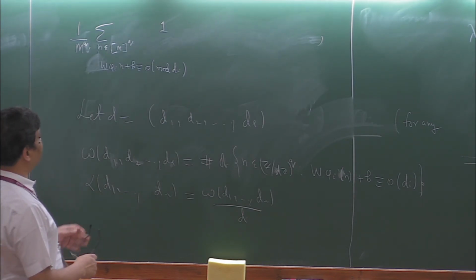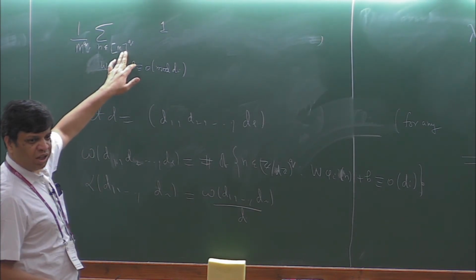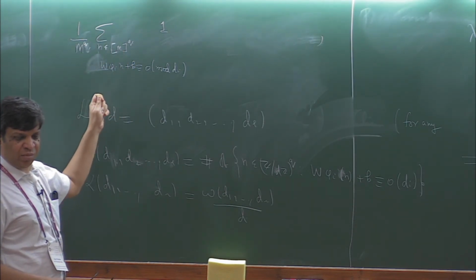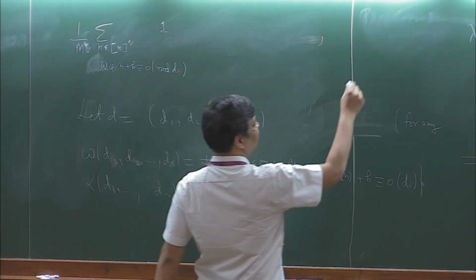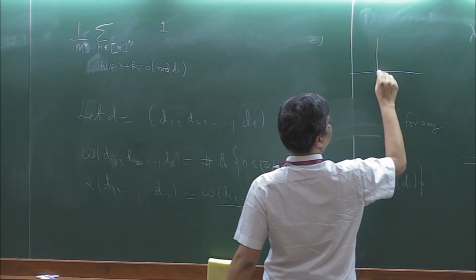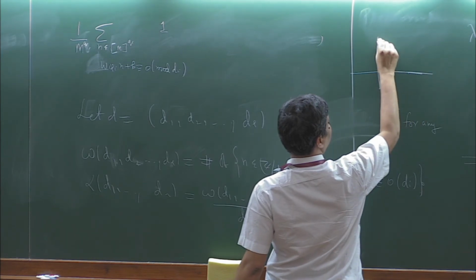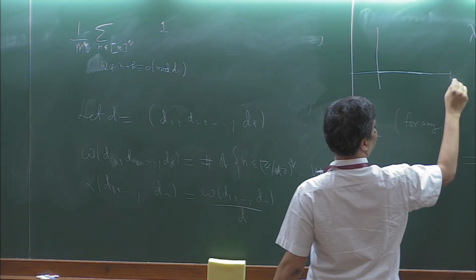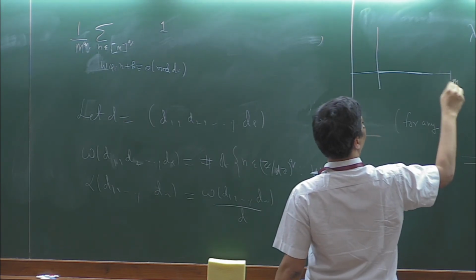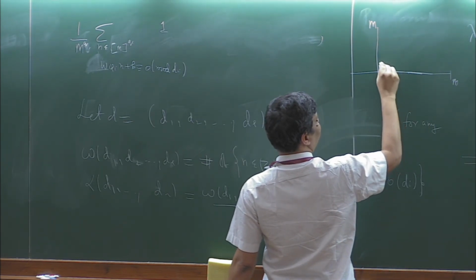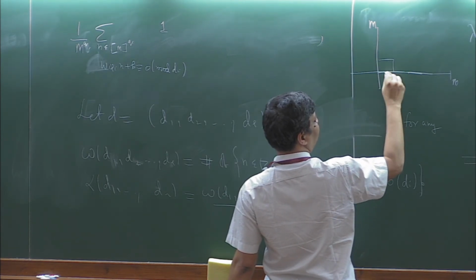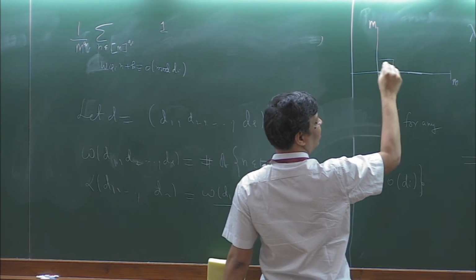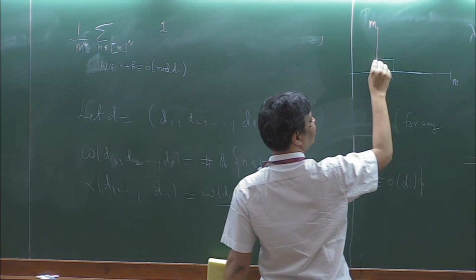So what I'm going to do is divide the box in every direction. Let's say q is equal to 2. I have to go from here to m, and in this direction also m. So I divide this into boxes of length d, 1 to d, here also 1 to d.